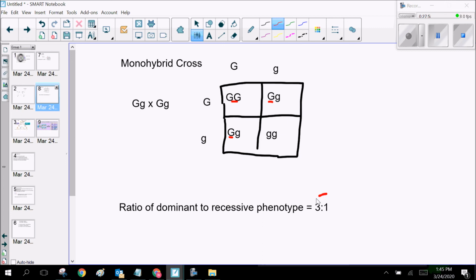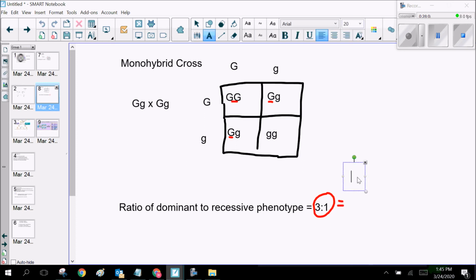This ratio came to be known as the golden ratio of Mendelian genetics because it happened over and over again in his experiments, showing that he was correct in thinking there's something special about the pattern of inheritance of traits.